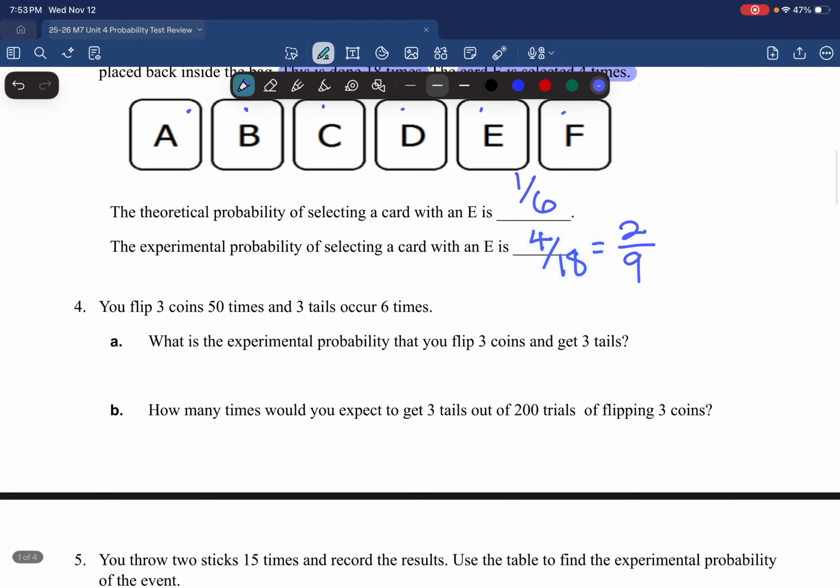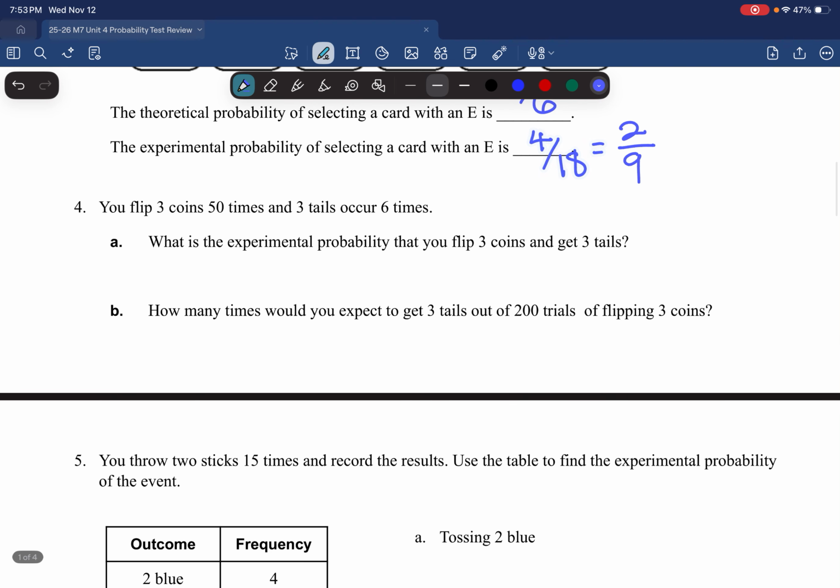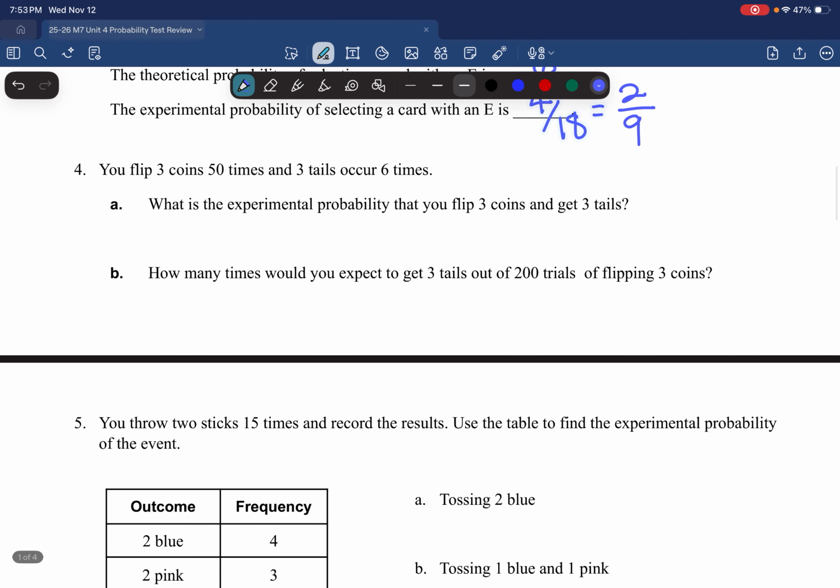All right, let's move on to number 4. You flip 3 coins 50 times and 3 tails occurs 6 times. What is the experimental probability you flip 3 coins and get 3 tails?